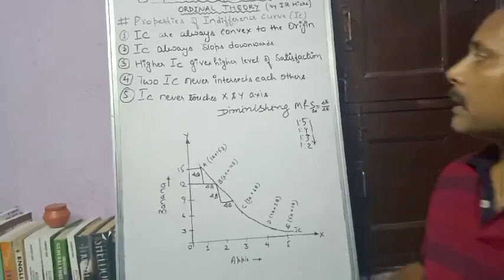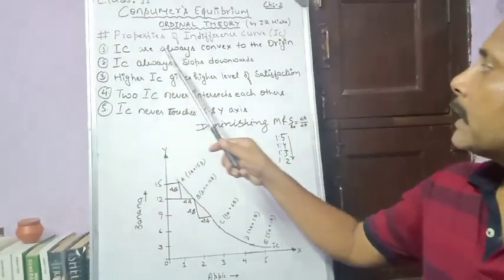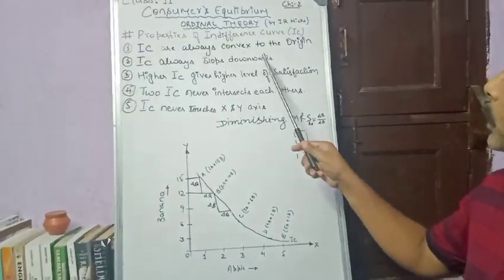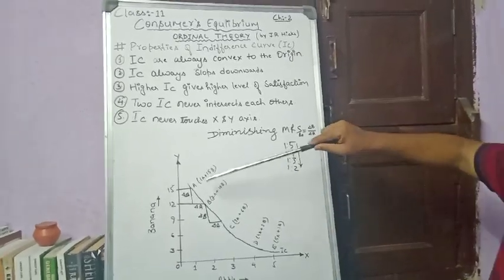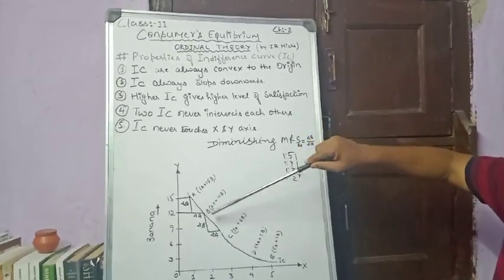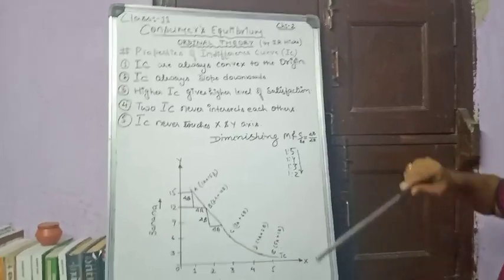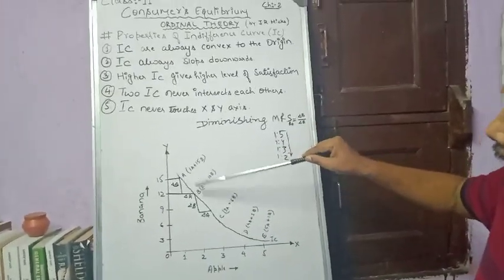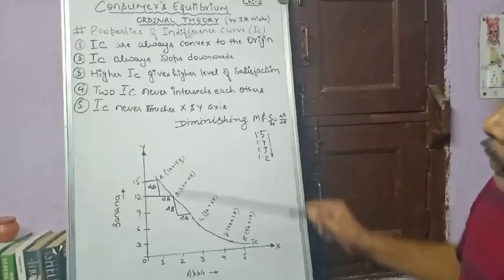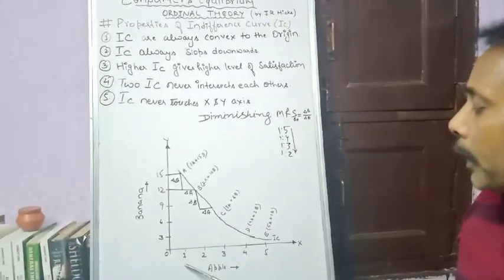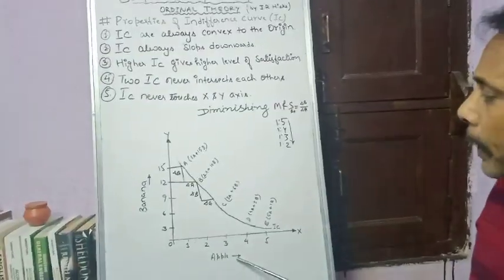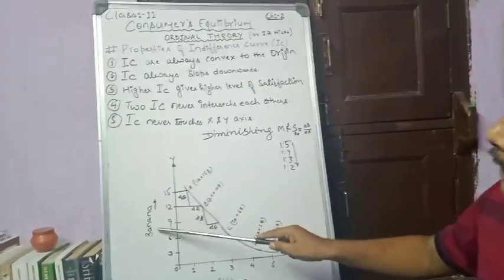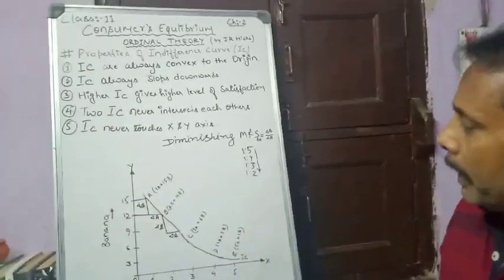Now the second property is that IC always slopes downwards. So look here, the combinations A, B, C, D, E. Here the combination A to B is sloping. So why is it sloping? Only when we want to increase the number of apples, we will have to sacrifice the number of bananas.